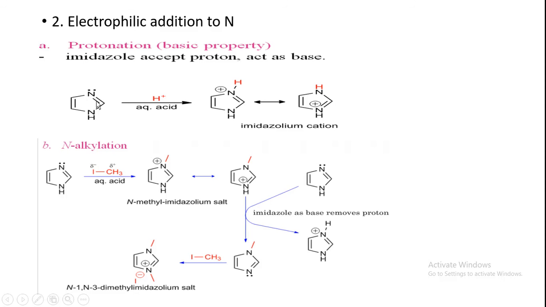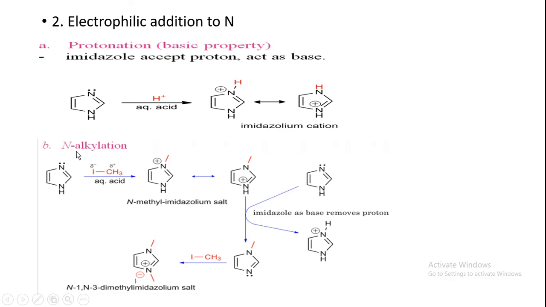This is imidazole. In aqueous solution acid will be there, so that acid will liberate H plus ion, that is proton. That proton will attack this lone pair of electrons to give imidazolium cation, and the positive charge is resonance stable, okay. So that's why there is movement of charge in the structure.